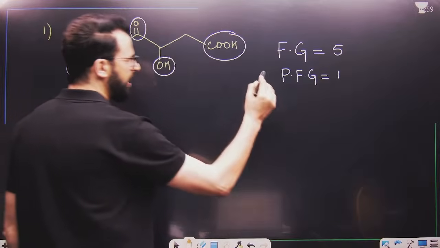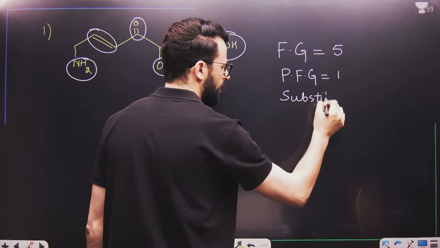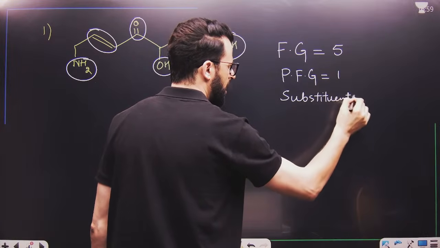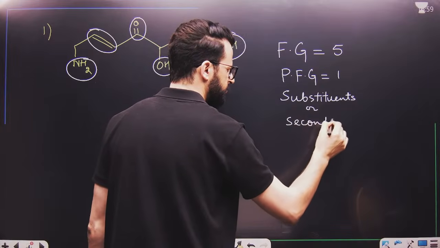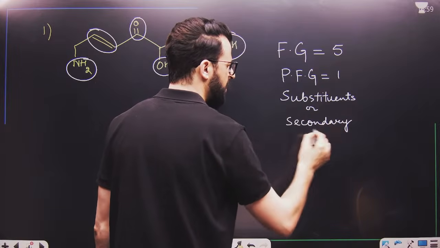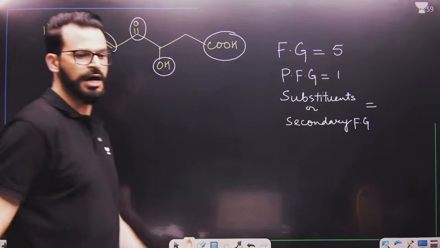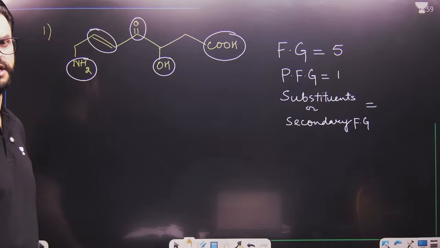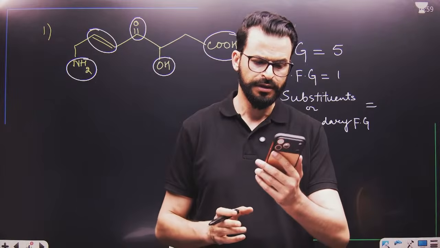Okay. Now tell me, how many substituents are there? I mean to say, how many secondary functional groups are there? Come on, tell me. How many secondary functional groups are there? Come on, everyone. Answer me quickly.